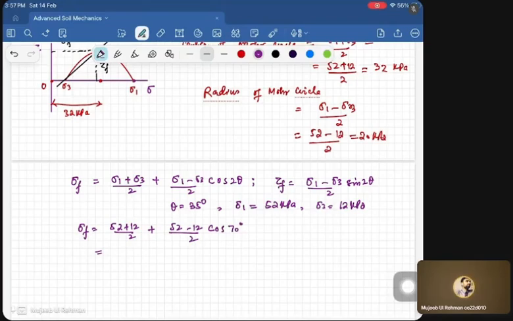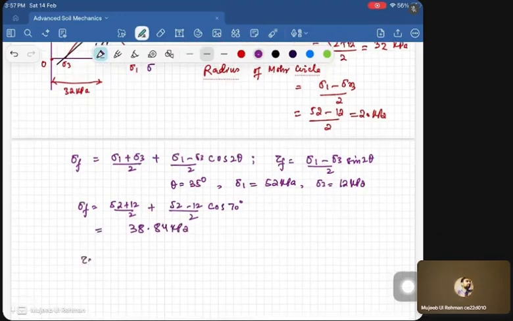So can you calculate? I am using a calculator. 52 plus 12 by 2 plus 52 minus 12 by 2 into cos of 70 degrees. It's coming out to be 38.84 kPa. Now tau f, sigma 1 minus sigma 3 divided by 2 sine of 2 theta.